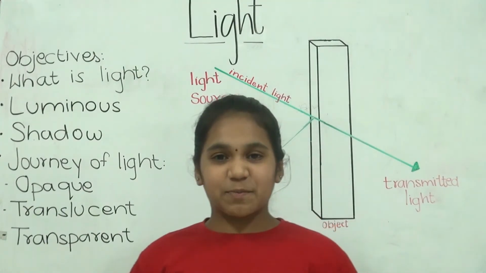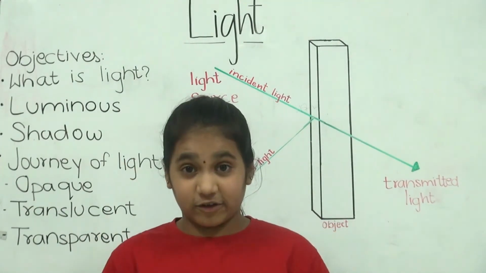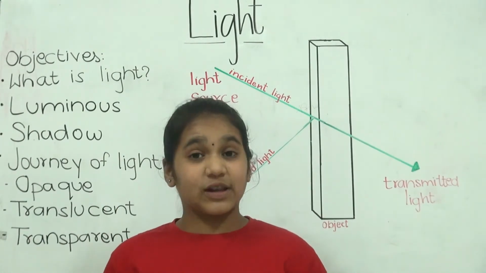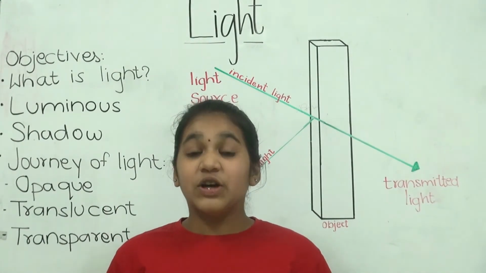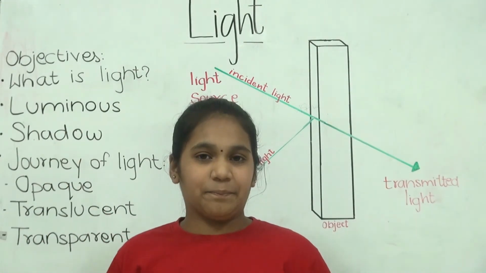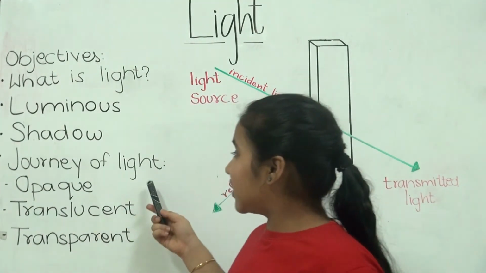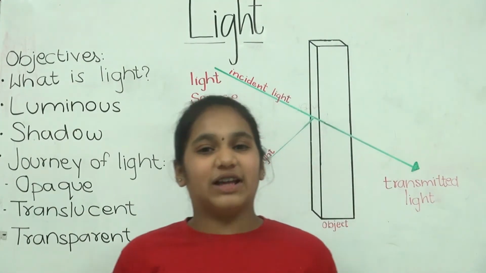Next, transparent. Transparent objects are when you could see clearly through. For example, the plastic bottle. You can see through it clearly. Or a glass frame, which is also visible. So this is the journey of light.